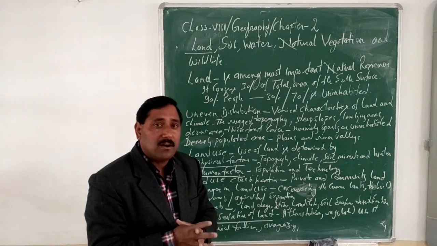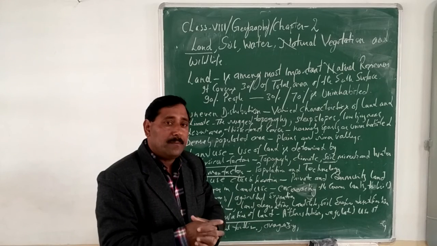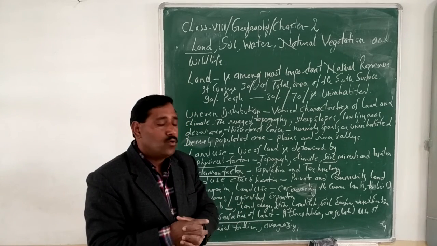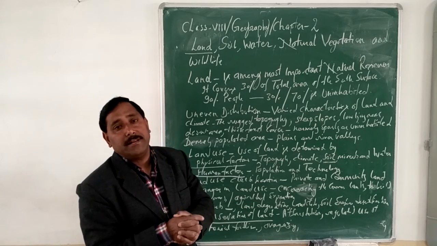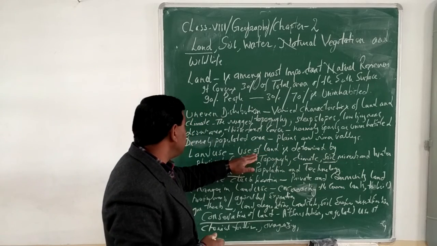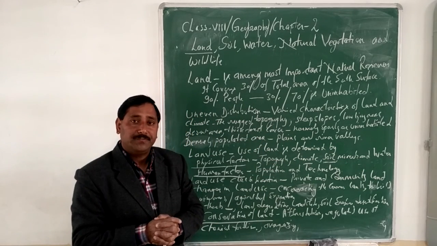Where you have salty water, marshy areas, water not available for drinking, unsafe water, in those areas, fewer people live. So that makes availability of water an important physical factor which determines the use of land.